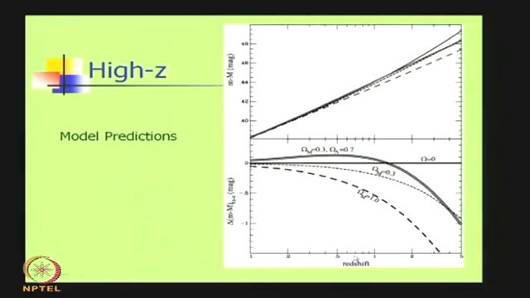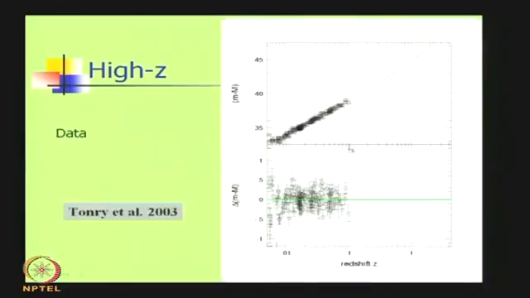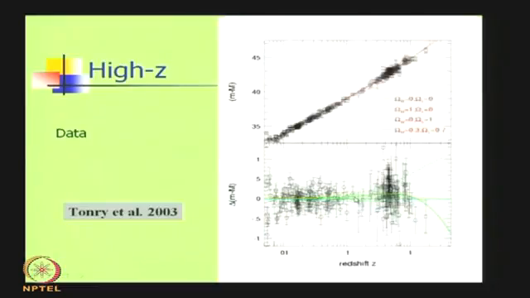This is a different scale altogether, a logarithmic scale. So the differences are going to be extremely small at a redshift of around 0.1, but if you have more data which go up to a redshift of 1, then you can discriminate between the different models which are shown over here.